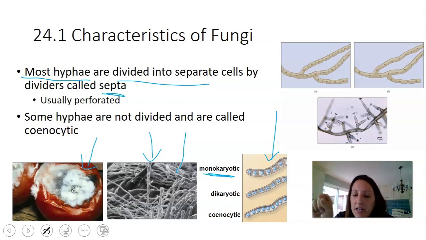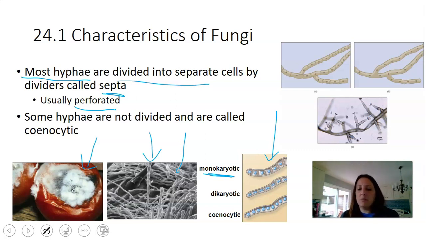And in between each, do you see the septa, the little divider? If you look close, you can see a little tiny hole in the septa. So we say that they are perforated. So the cells of a fungus, even though they're separated in this particular example, there's still going to be a connection between neighboring cells, kind of like gap junctions between animal cells.